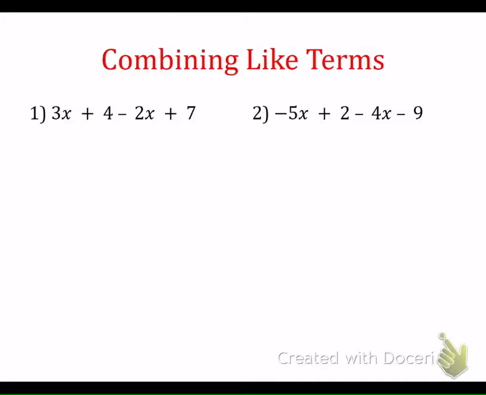All right, first two examples, they are blank in your notes. It just says 1 and 2, so I'll give you a second to write these down. Now, in the first one, can anyone give me some like terms?